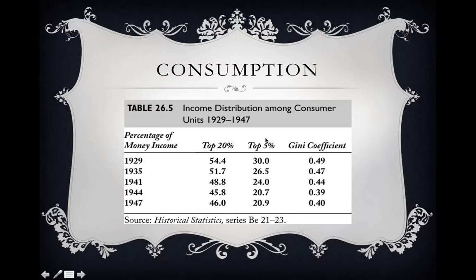And you can see that that top 5% share was gradually falling during that time period. The same thing for the top 20%. They held smaller and smaller amounts of income that was being produced by consumers.